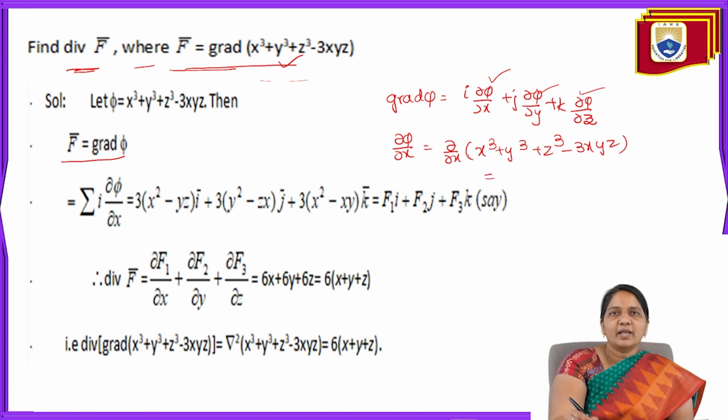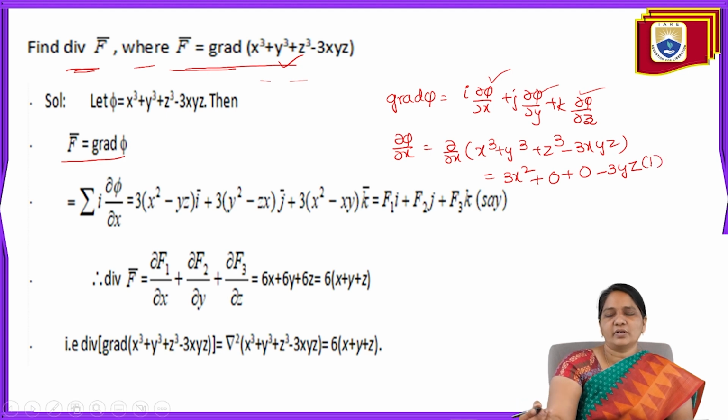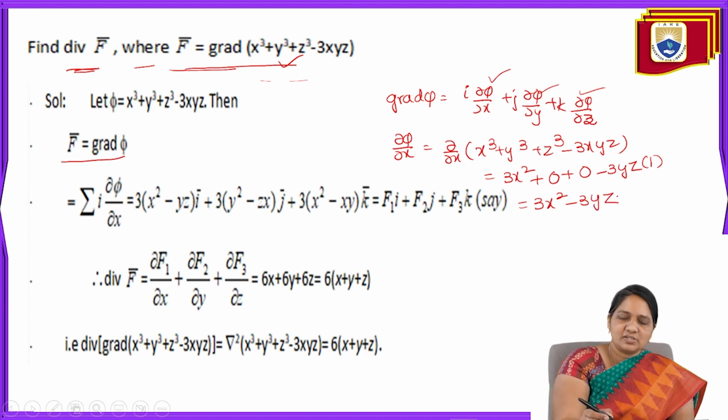Dou by dou x of x cube is 3x square. Next, with respect to x, y is the constant, so this is 0. And next z is also constant, this is 0. Next 3, y, z are the constant, with respect to x, x is 1. So finally this value is 3x square minus 3yz. This is the value of dou phi by dou x.